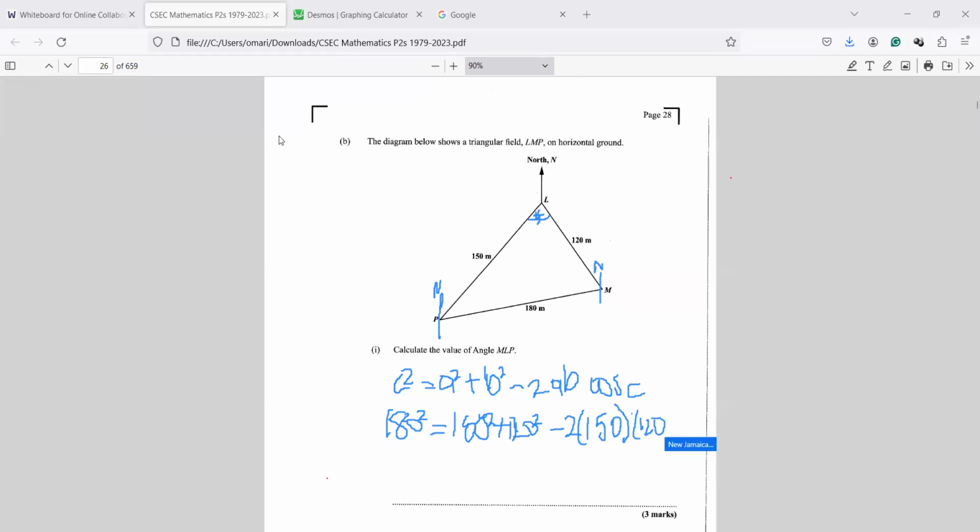So if you have C as the value on the left, you should also ensure that C is what is beside your cos. If you have A over here, ensure that it's A that you have beside the cos. And then this is cos C.